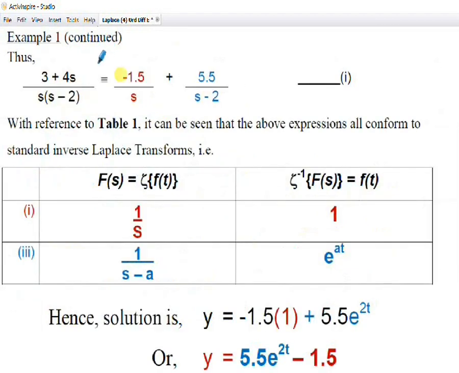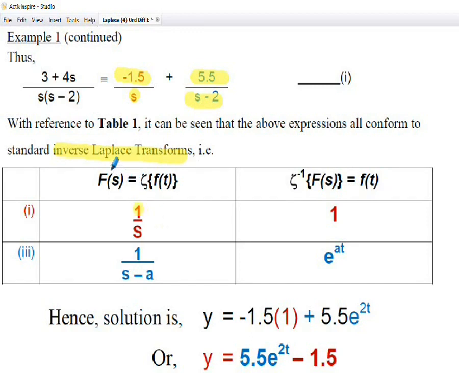Okay, from the previous slide we found the value of a is minus 1.5, so we've got a partial fraction of minus 1.5 upon s, and the value of b was 5.5, so we've got the partial fraction of 5.5 upon s minus 2. We now refer to our inverse Laplace transform tables, and we try and look for standard forms here.